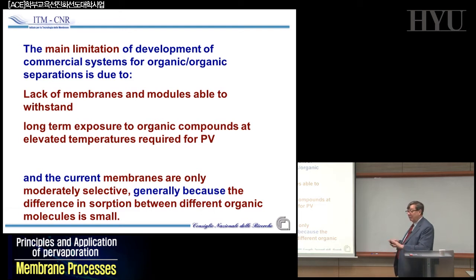When you have your membranes, it's part of the story, but you have to realize the module, and you learn that the modules are quite important, because if you don't do the module right, if you don't control well the interfacial phenomena, etc., the best membranes will not work. You will have concentration polarization, you will have fouling problems, deposition of some of the components that will kill your membranes altogether.